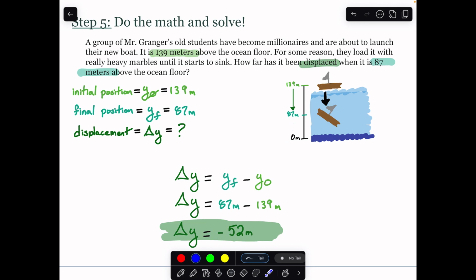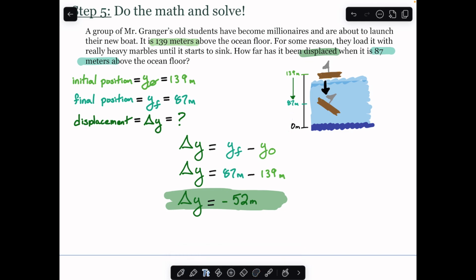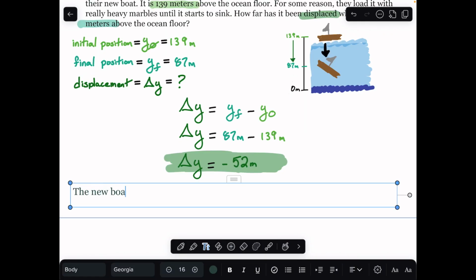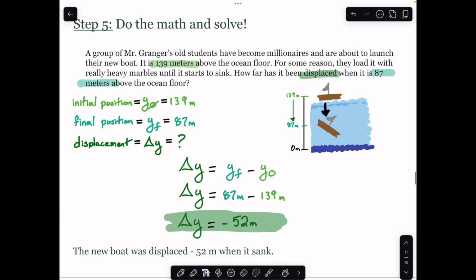The negative makes sense because we lost 52 meters of position as we decreased from 139 to 87. To complete our answer, we'll just write it out. The boat was displaced negative 52 meters when it sank. Those are the 5 steps, and you can use that strategy to solve every single math problem you will encounter.